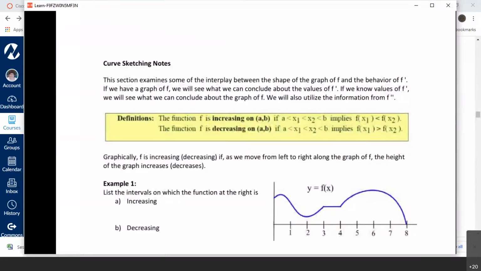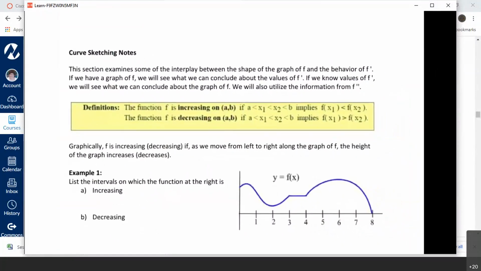Now everybody should be able to see the curve sketching notes. And again, I'll try to keep the chat open as long as it's not blocking what I'm trying to display on the screen. These notes are adapted but not completely copied from your text.